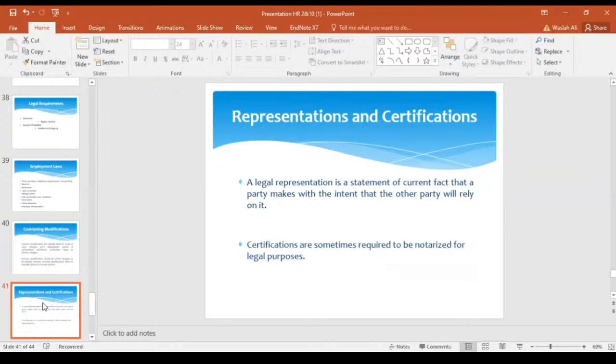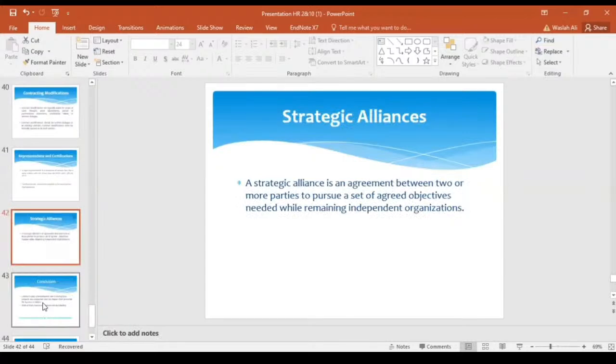So these representations and certifications are used during any legal processes which are required during the execution of a project. Upon providing the requested representation information, contractors often must sign certifications providing a warranty that the statements are true.